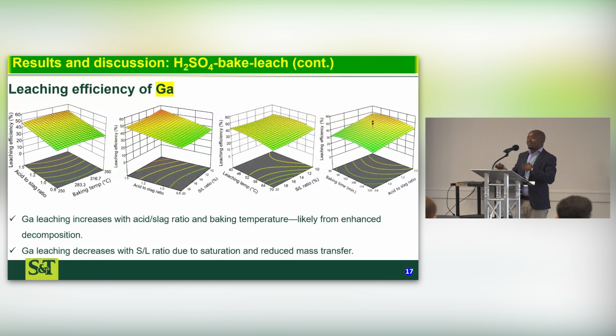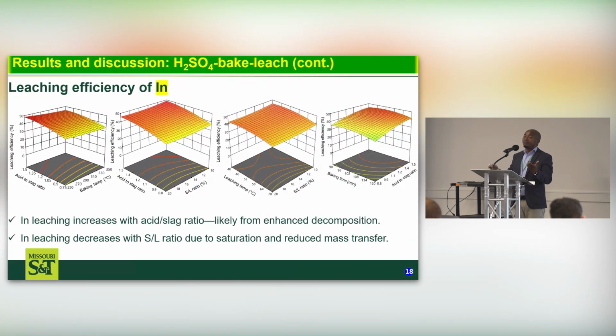When you increase the amount of baked material compared to the solution, that actually reduced the leaching efficiency, and this speaks to mass transfer and other things. We found the same scenario with the leaching efficiency of indium. It is also affected by these factors.